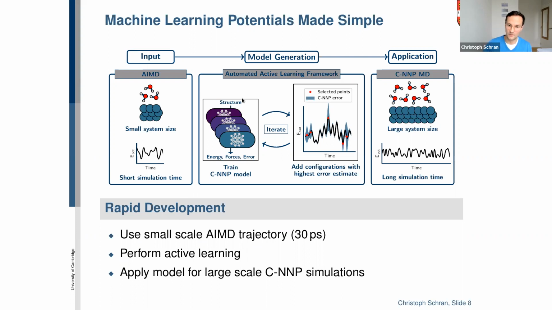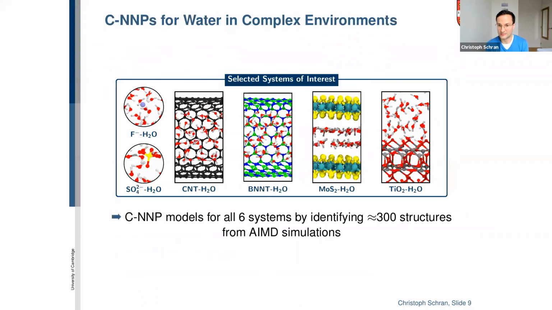The active learning framework that we have developed builds on the concept of this query by committee procedure, where we iteratively train our committee neural network model and then filter the ab initio trajectory in order to select points with highest error estimates to build up our training set. That usually converges relatively fast. We can then generate a final machine learning potential and apply that to larger system sizes and longer simulation times. If you're now wondering for what kind of systems we have tested that, these are all aqueous systems that are reasonably complex.